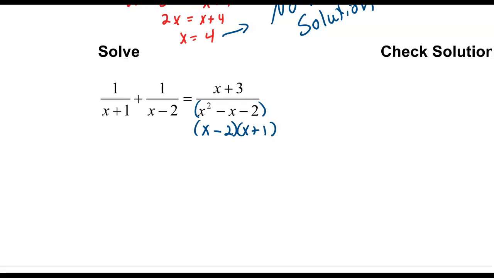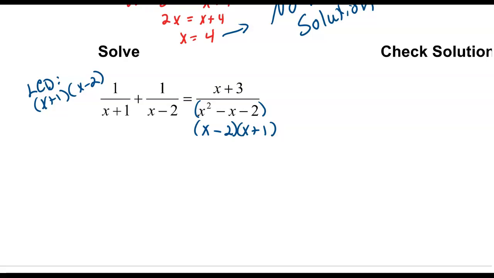Okay, why did I do that? Because have you even gotten rid of fractions this whole time? I need a common what? All right, so what's our LCD?